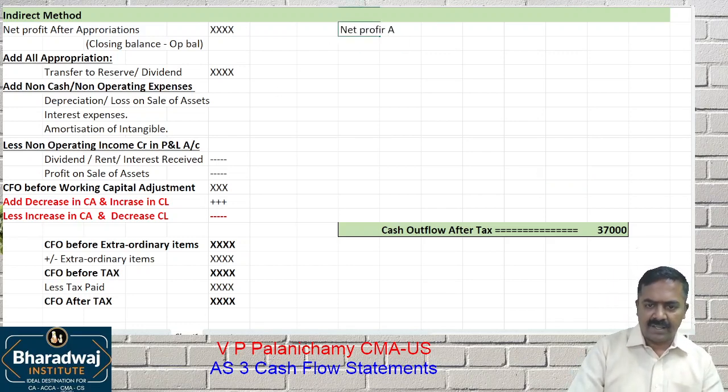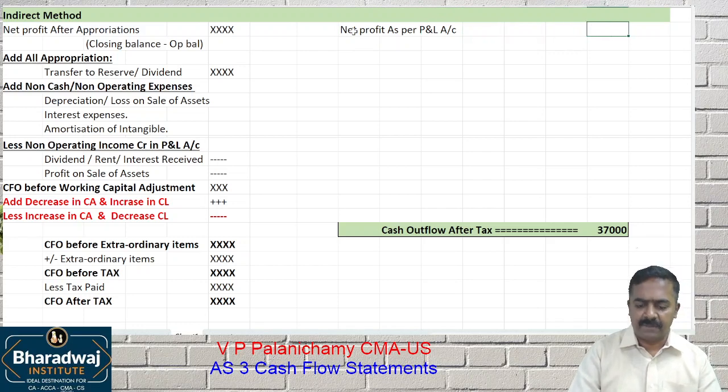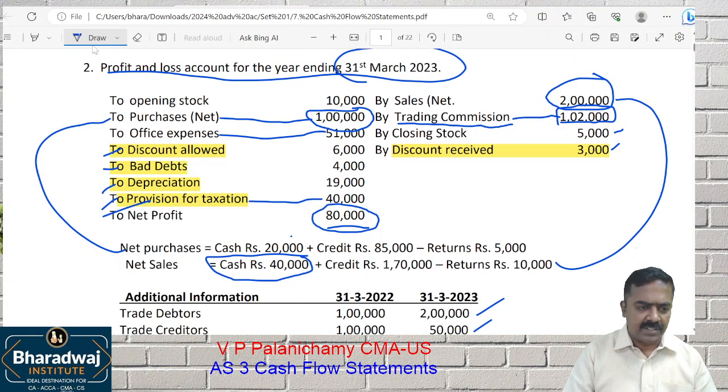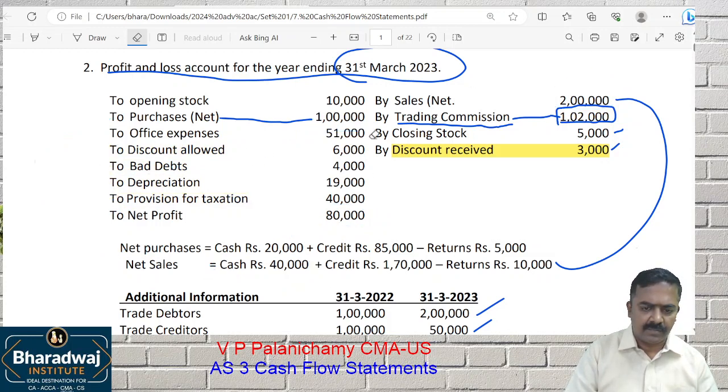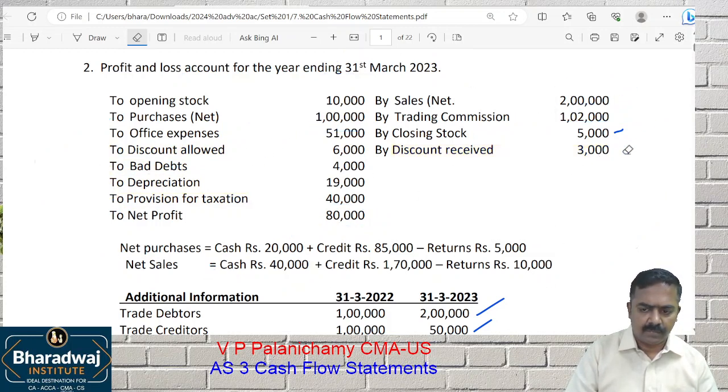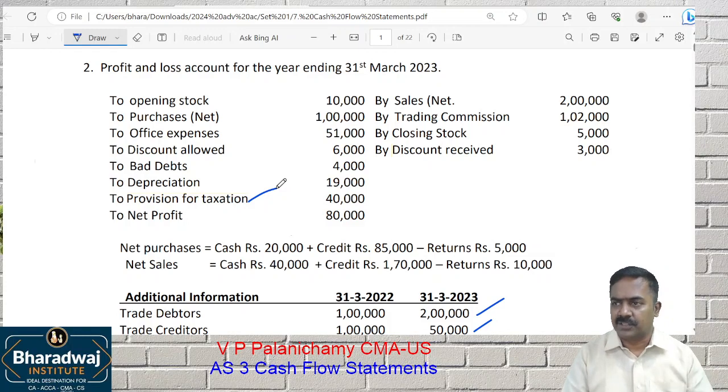Net profit as per P&L account. As per P&L account, what is the net profit given? 80,000. Look at the P&L account debit side. You find non-operating expenses, non-cash expenses, you have to add them back. Net profit. Provision for tax is not a cash outflow.